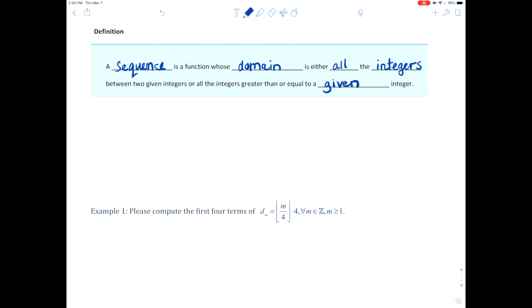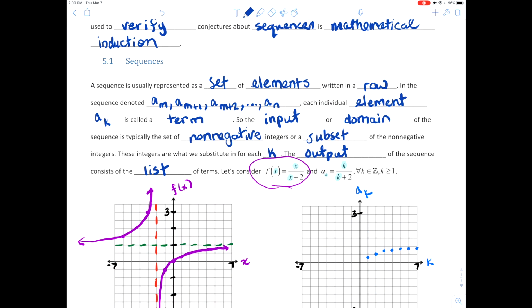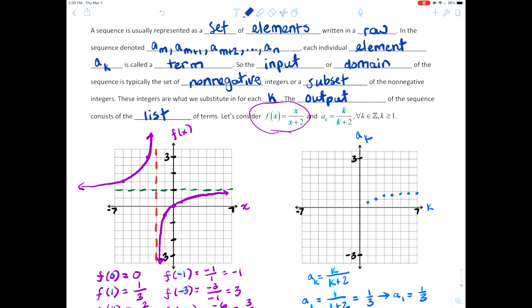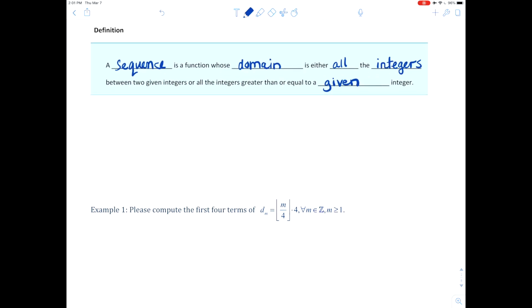So that's what's going to give you an infinite sequence. Here I was giving you a simplified look. Non-negative integers or a subset is really the same way of saying this, except I did them in different order.